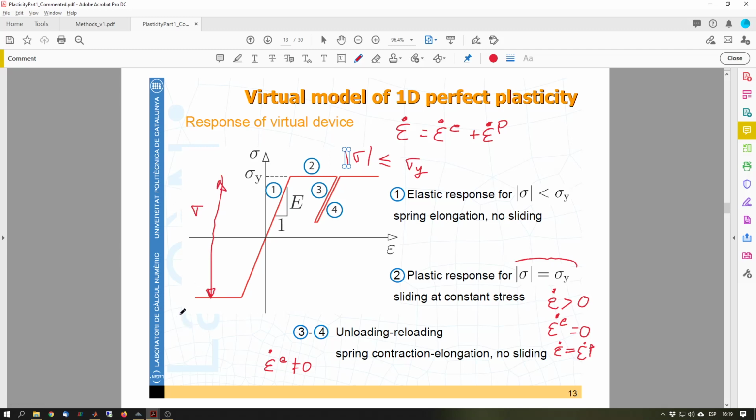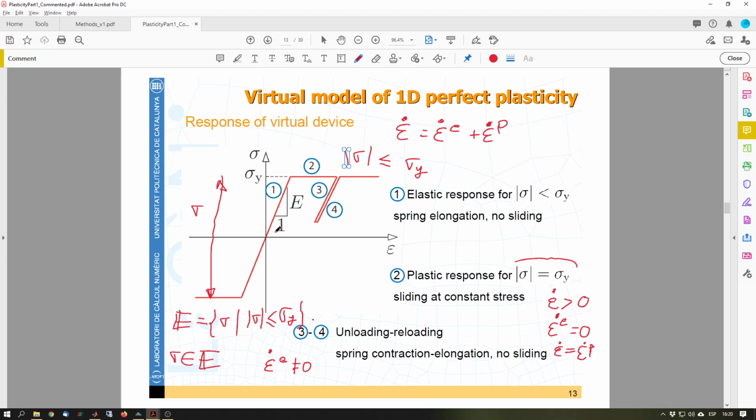We call this the admissibility domain, which is any value of the stresses such that the stresses are smaller or equal to sigma y. We write this as my stresses must belong to this admissibility domain. This is one constraint that we have in plasticity. I have perfect plasticity. My stresses cannot go beyond these values. These are forbidden values.